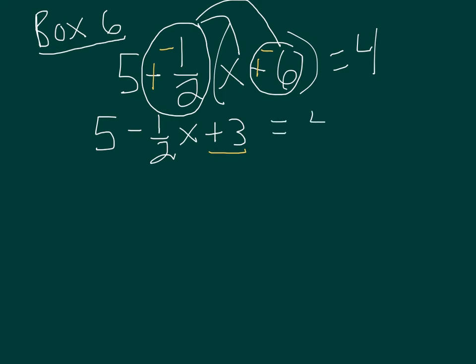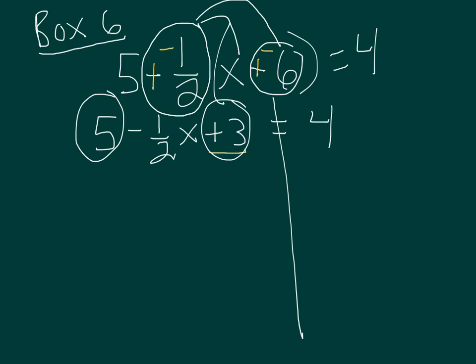Equals 4. Now in this one, we still want to make it look like a two-step equation, so we need to combine some like terms. So I'm going to draw my river in. I got a 5 and a 3 on this side of the river I can combine. Those are my like terms. So it's negative 1/2 x plus 8 equals 4. Now it's a two-step equation.